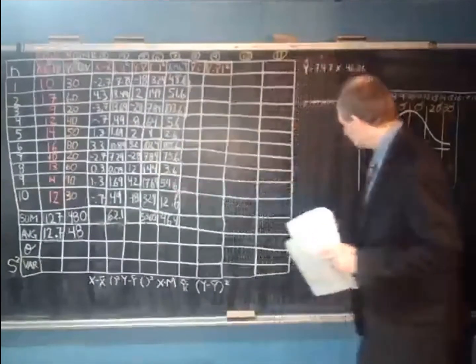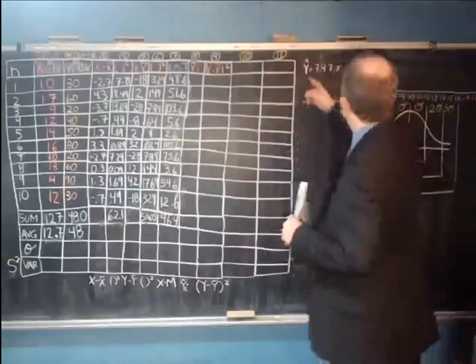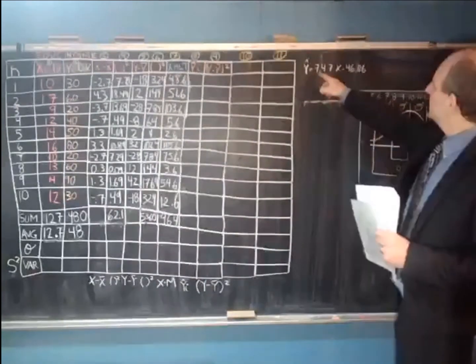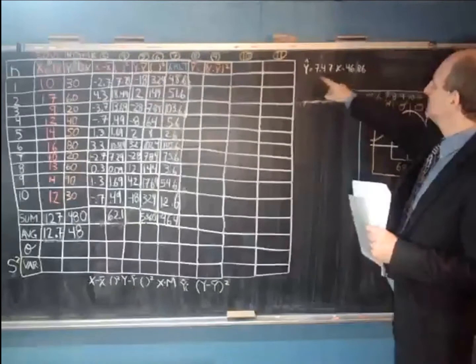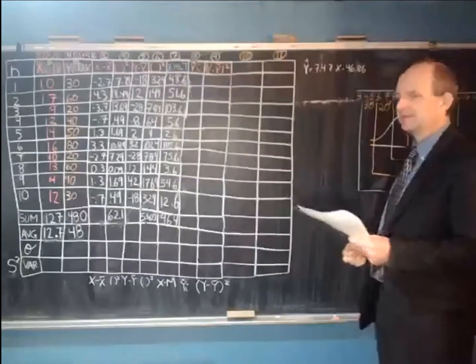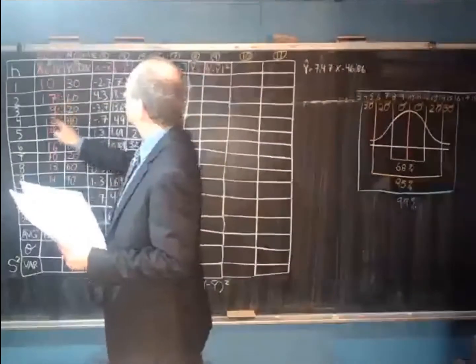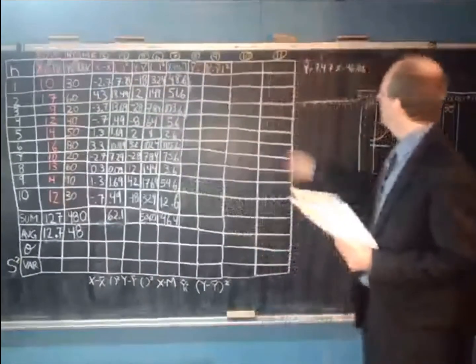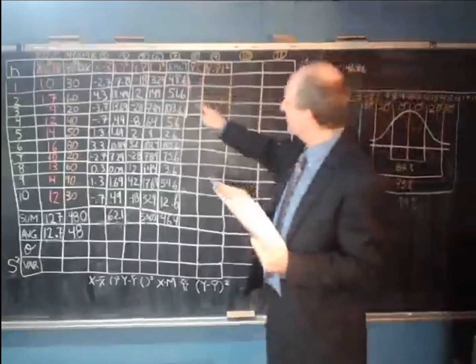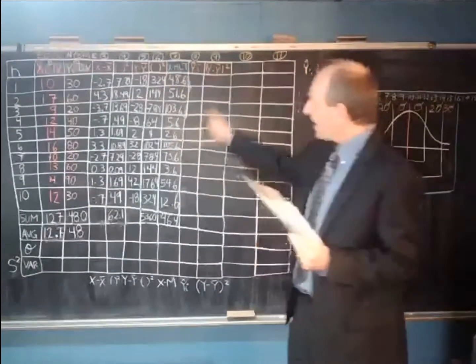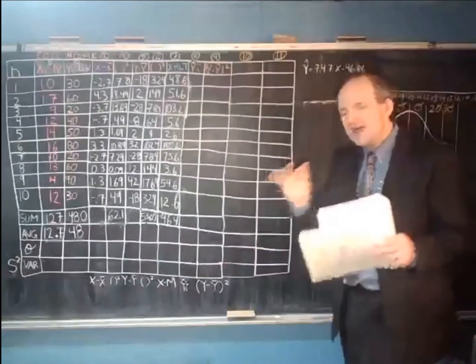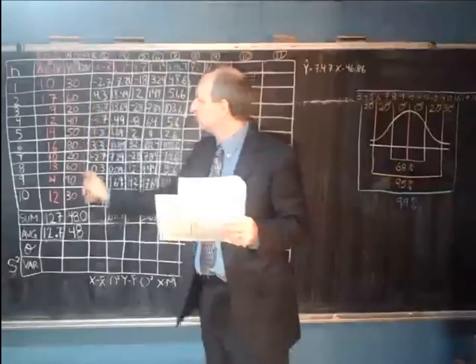So we take our original formula, which is y hat equals 7.47 times x, that's the slope, minus 46.86. And we're going to insert each of the original independent variables, and that's going to give us a predicted value for y. Now that predicted value is almost never going to be the same as the actual y value.